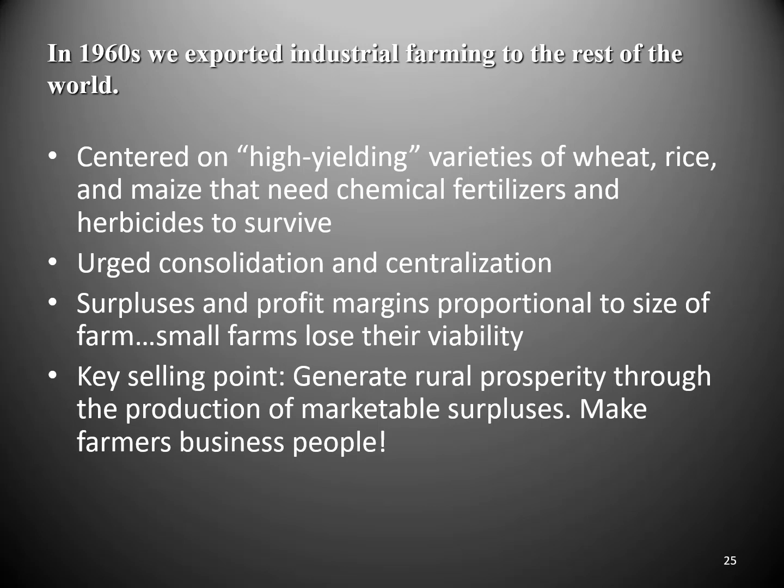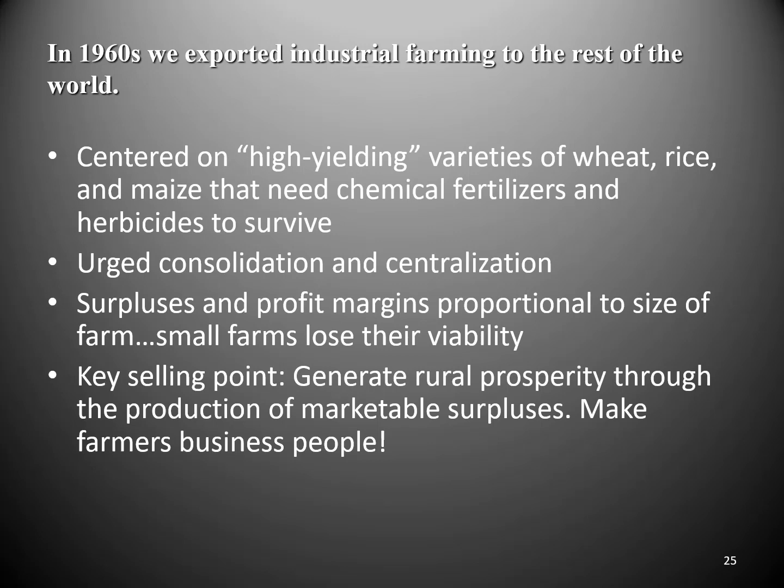Instead of growing the local varieties of rice that naturally grow really well in that environment in Bali, they had everyone switch over to these high-yielding GMOs, these hybrid seeds, varieties of wheat, rice, corn, i.e. maize, that not only require you to buy the seed, but also need chemical fertilizers and herbicides to survive.